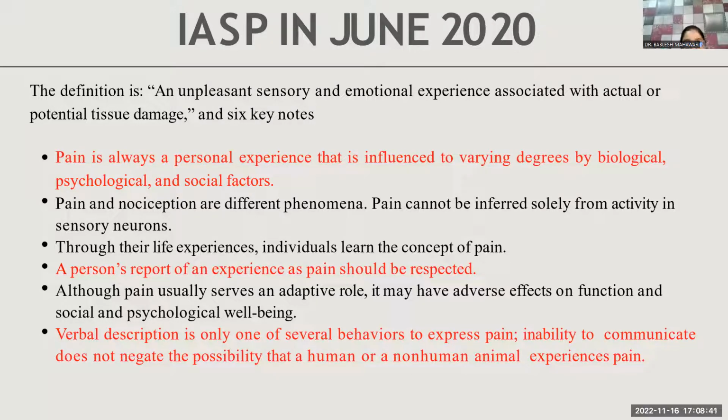But sometimes there is also potential tissue damage, meaning it looks as if the damage is there, but it is not visible. The 6 keynotes they have given are very important: pain is always a personal experience, as we all know, influenced to varying degrees by biological, psychological, as well as social factors. That is why we now have a concept of total pain, and what exactly that is we will learn in a few slides.